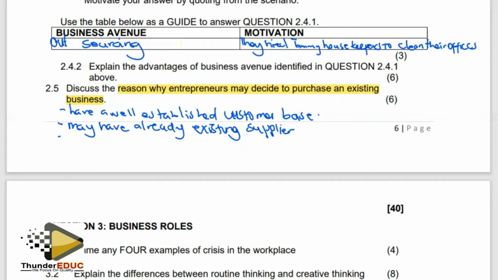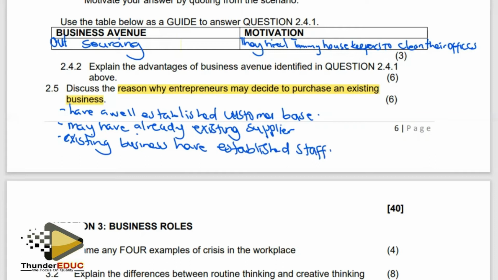Besides that, businesses may have established staff. You see, the staff are already experienced. Get that?